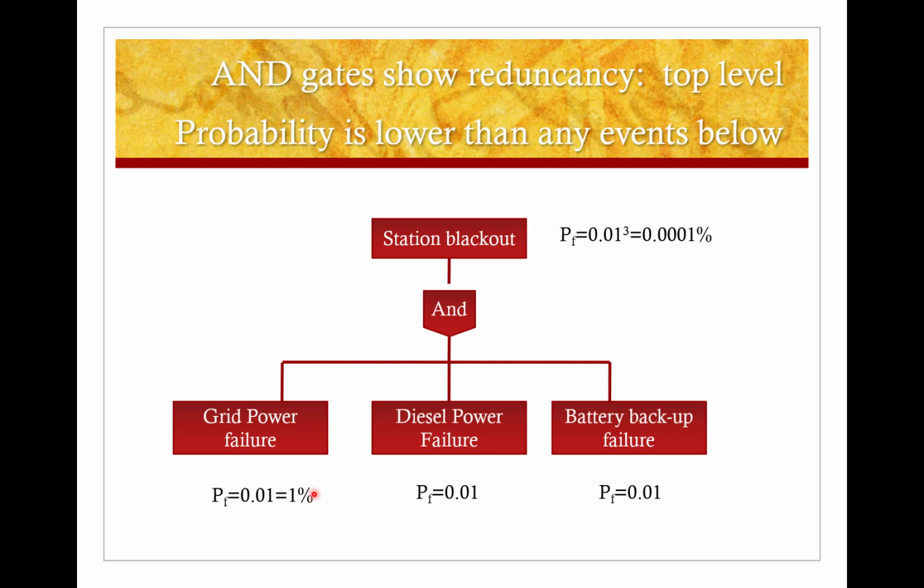So we had 1% down here, and we ended up with a much lower probability. And the lower probability is because all three of these things have to occur in order for us to suffer station blackout. Those are redundancies, and so they lower the probability. You get the probability above the AND gate by multiplying the probabilities of the events below the AND.